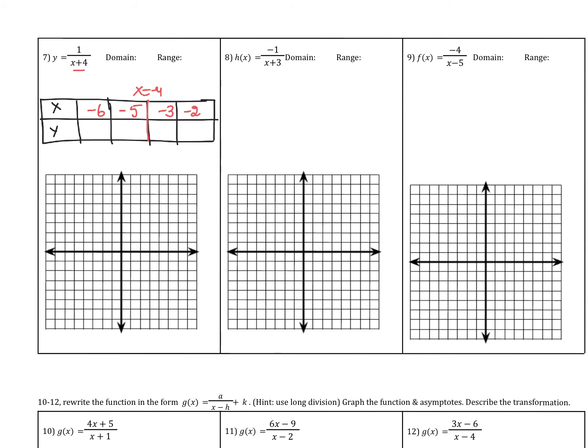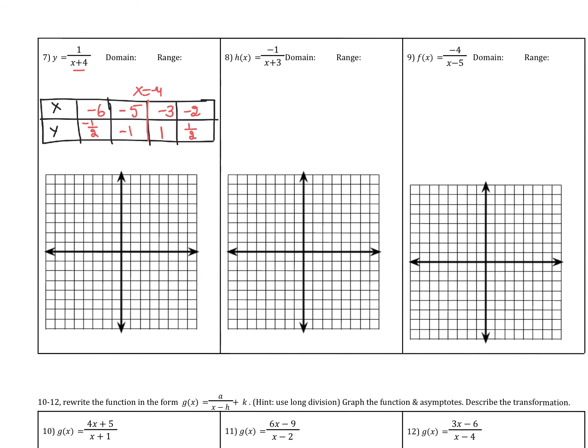When you plug in negative 6, you got negative 1 over 2. When you plug negative 5, you're going to get negative 1. When you plug negative 3, you're going to get positive 1. And when you plug in negative 2, you got positive 1 over 2.